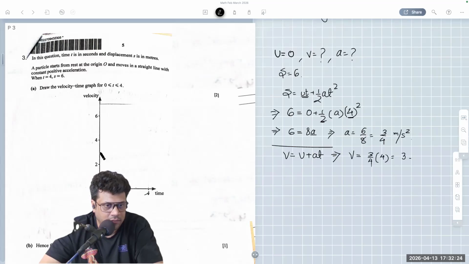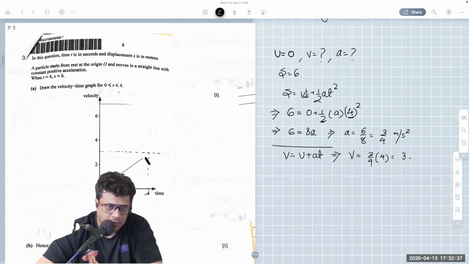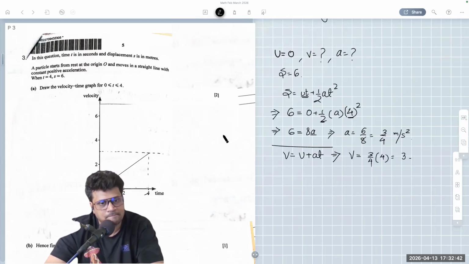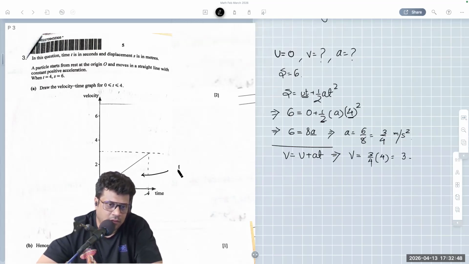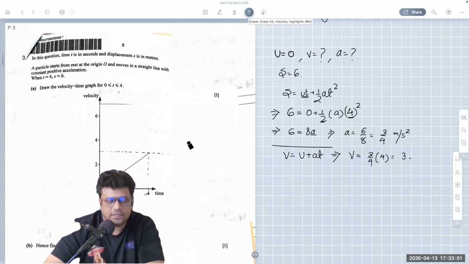So we are looking at a straight line like that. And let's figure out the area of this triangle. Half into base into height. So that's 6. So yes, the distance moved is 6. So that looks like it.